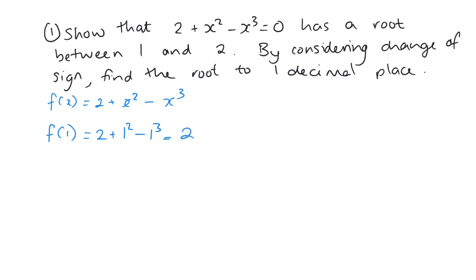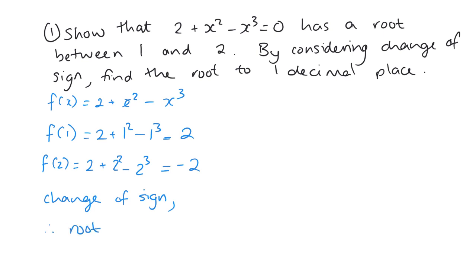We're not worried so much about the number, we're worried about the sign. f of 2 is 2 plus 2 squared minus 2 cubed, and we get minus 2. There's a change of sign, therefore there's a root between 1 and 2. So that's the first part of that question sorted out.